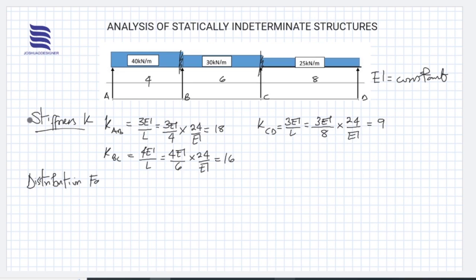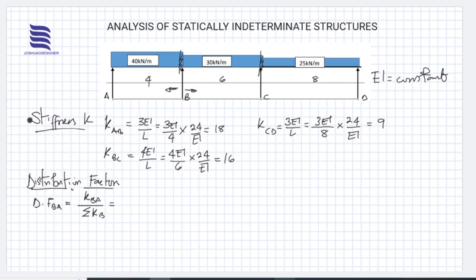And for the distribution factors, like I explained in the previous session, the distribution factor BA will be the ratio of stiffness BA to the summation of the stiffness at B. So that's very simple. When you're talking about the stiffness at B, you are talking about stiffness BA and stiffness BC.